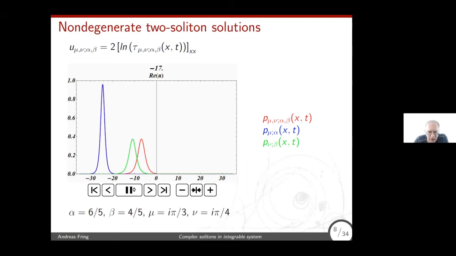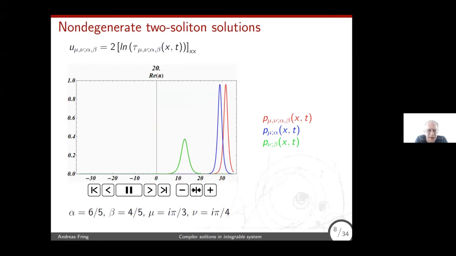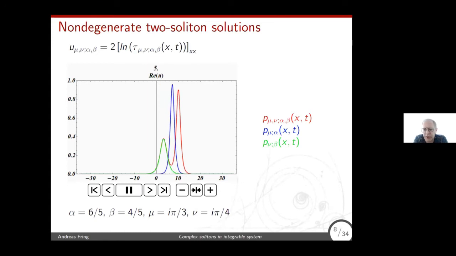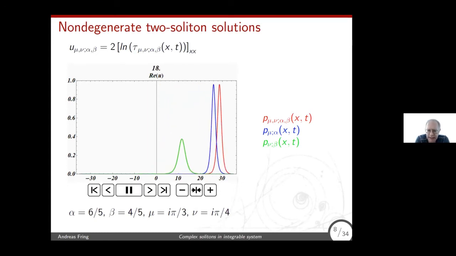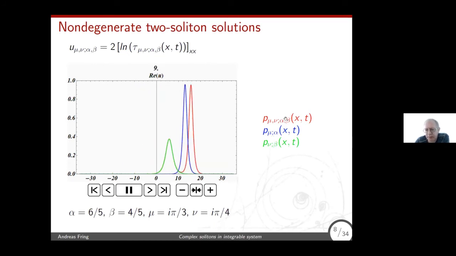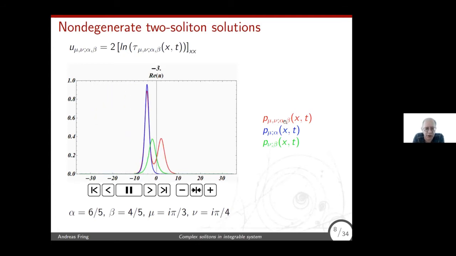But this is not all that happens. What really happens is there's a little shift. As you can see here, the red curve is a two-soliton solution, and it's compared to two one-solitons related to the speeds alpha and beta, which are inside the two-soliton solution.